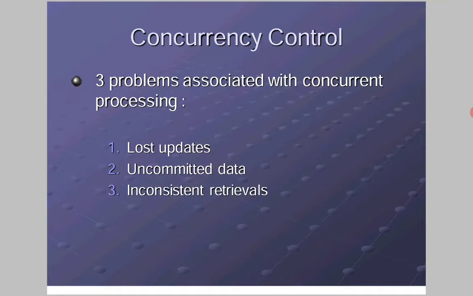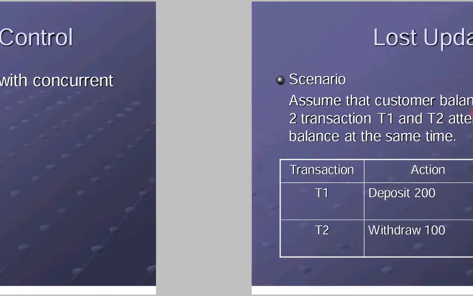Consistency means properly completed. Whenever concurrency control arises and we try to retrieve the data or records, these records are retrieved inconsistently, meaning they are not properly completed.